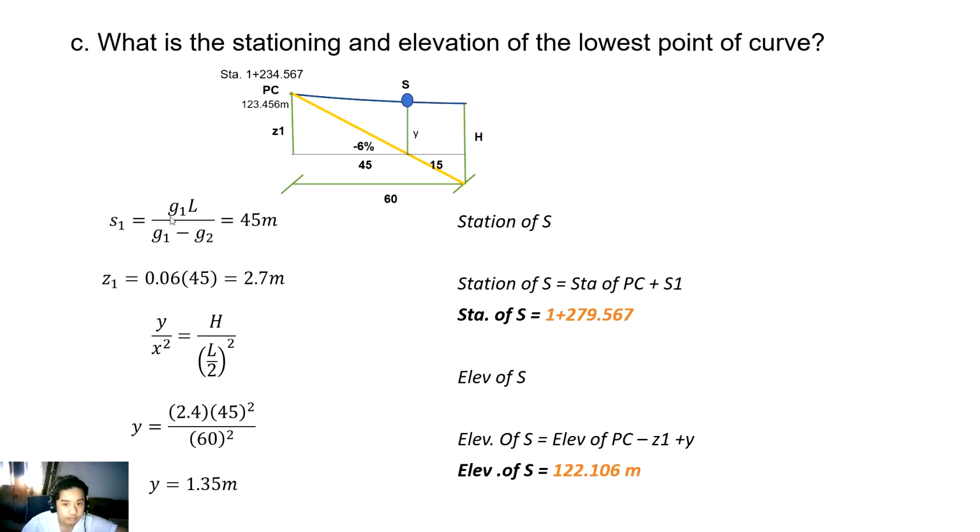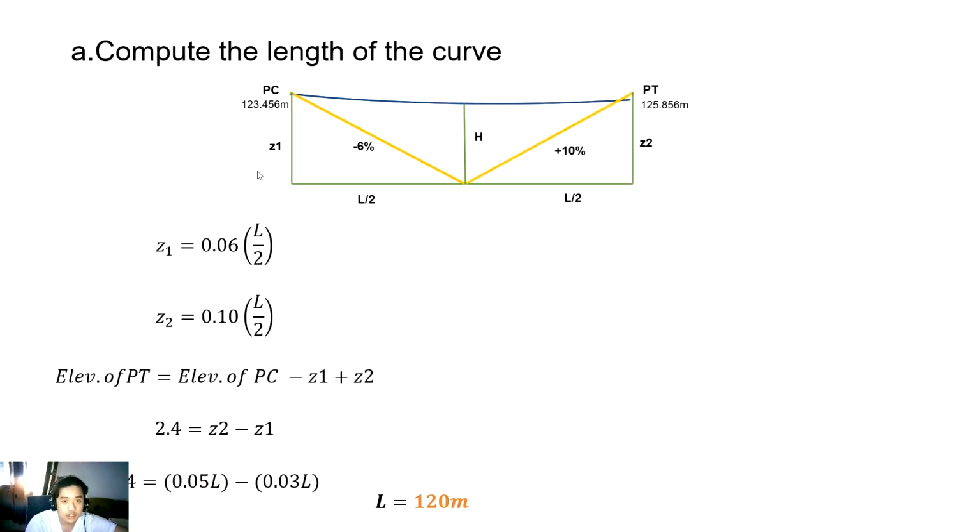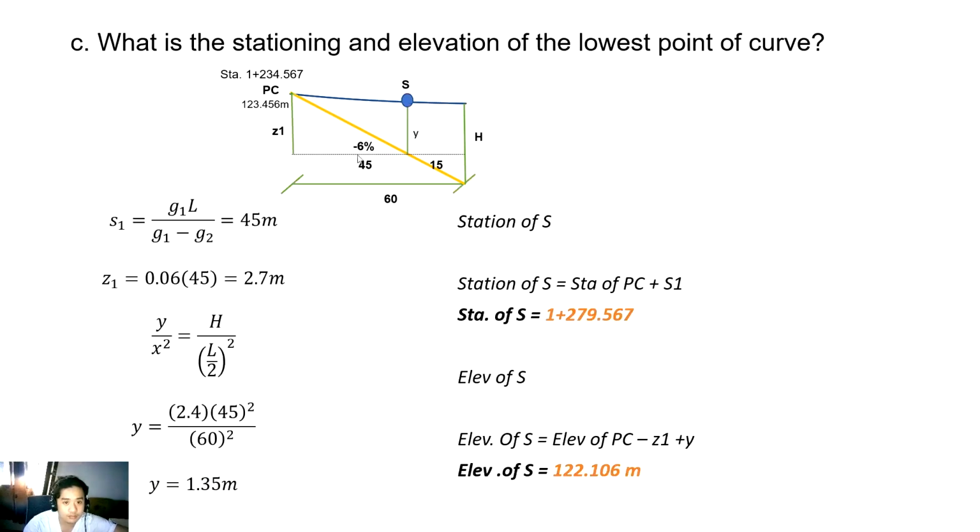So, para makuha natin yan, substitute lang natin sila. So, ang G1 natin ay ito, ang back tangent, which is yung negative 6%. Ito. So, G1 times L, which is 120 over G1 minus G2. So, ang G1 natin ay negative 6 minus G2, and we'll get 45 meters.